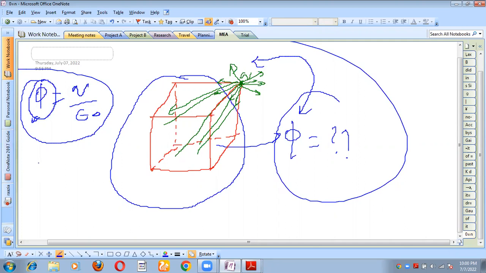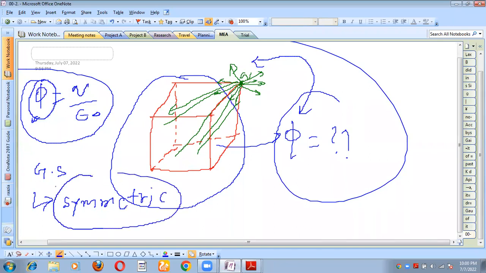The concept of a Gaussian surface is that it should be symmetric. We all know that, but we don't know how to use this term. The Gaussian surface should always be symmetric.